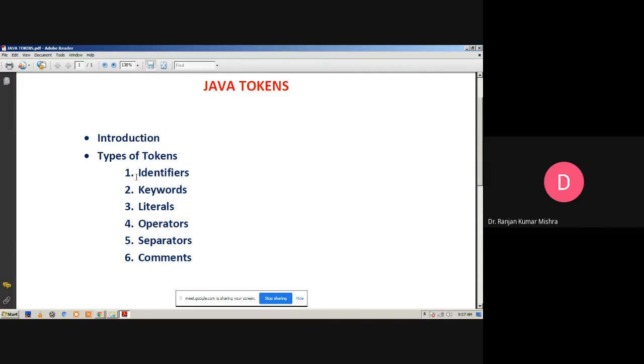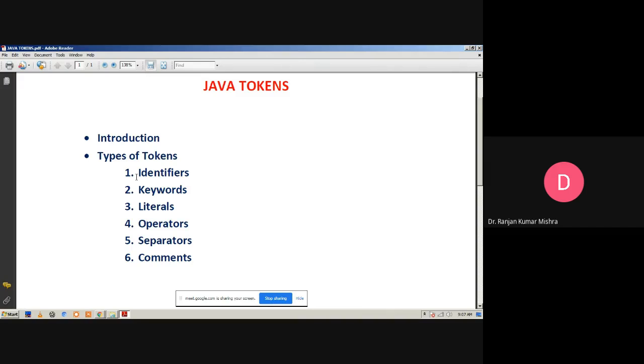At the time of designing a programming language, some words are reserved to do specific tasks. Such words are known as keywords or reserved words. Keywords are not new for you.